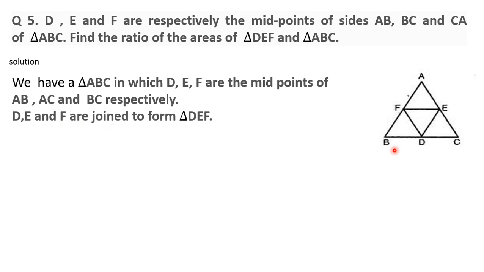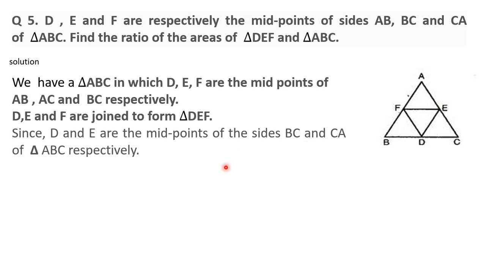Now by joining these three midpoints, we get a triangle DEF. So now we have to find the ratio of the areas of these two triangles, small triangle upon big triangle, ABC.